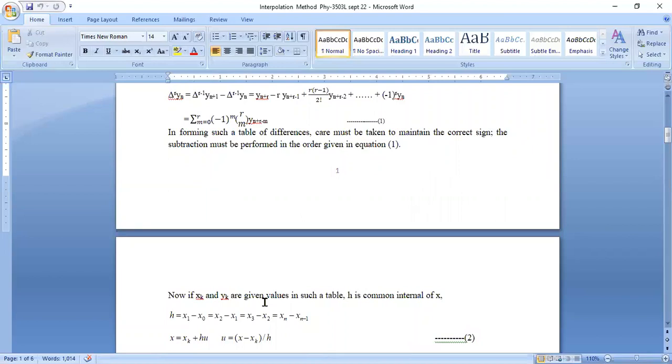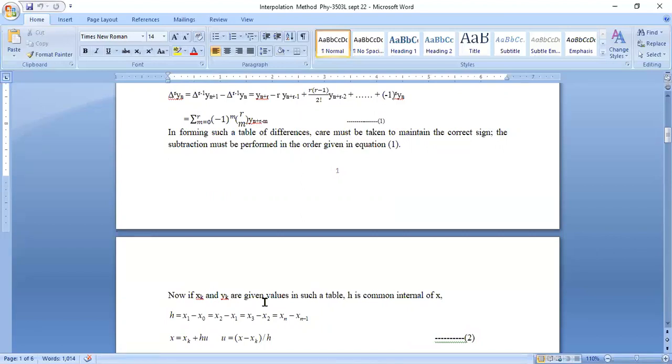But this x, for which you want to go for interpolation, is very close to a value of x which is present in your table, right?